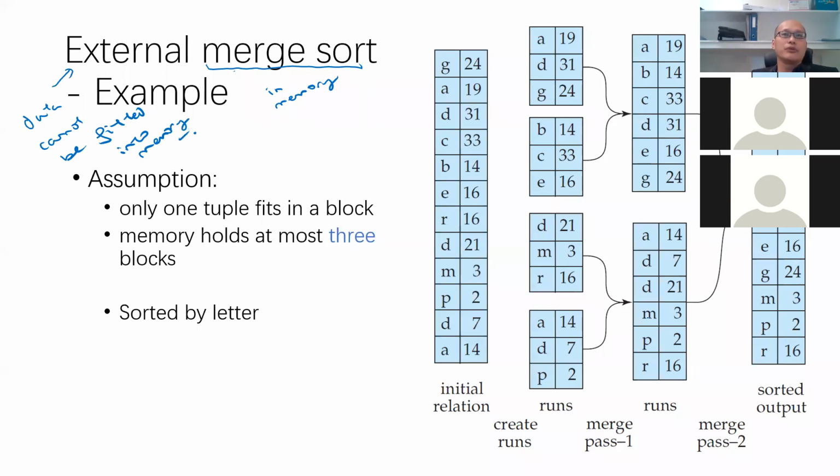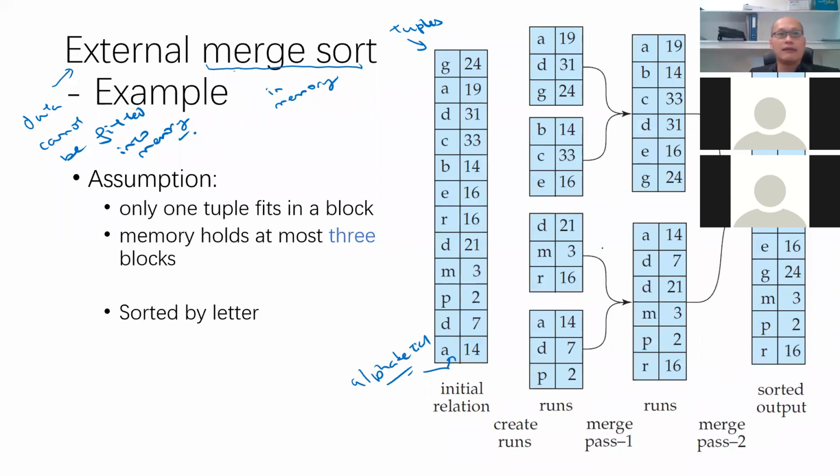So what you have to do is put the data into memory part by part. So let's assume I have this initial database of items. These are my tuples, and I want to sort them based on my first attribute, in alphabetical order.